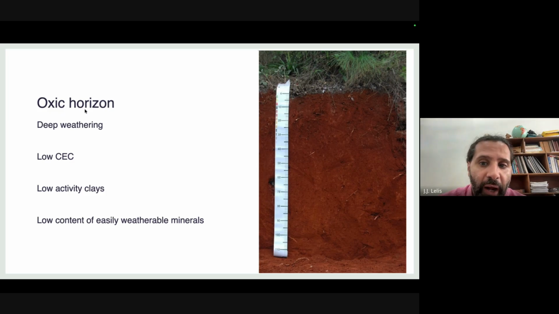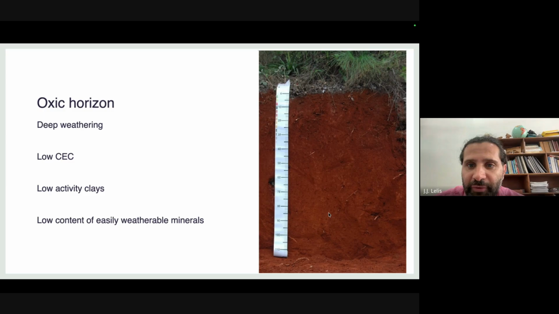Okay, these horizons, as you can see here, could register a very strong, dark reddish color because they are basically formed by iron oxides. So goethite and hematite are some of the main minerals that we can find in these horizons, because these two minerals are formed by weathering of primary minerals.